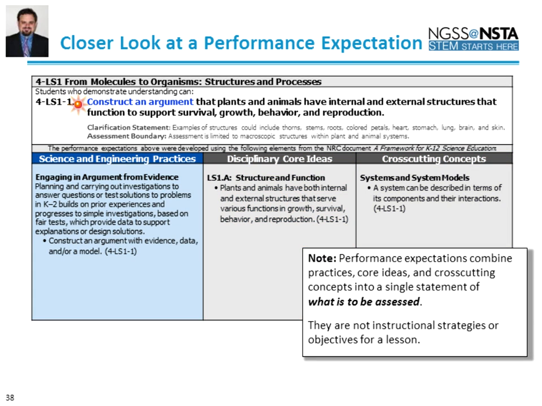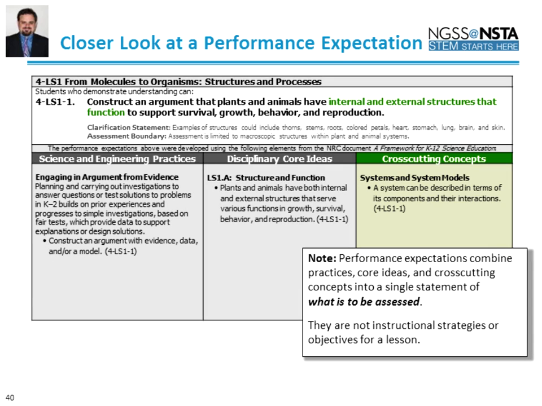But when they can do that, this idea of constructing an argument is a science and engineering practice. Here, construct an argument with evidence, data, and/or a model. Then we have this idea that plants and animals have internal and external structures that function to support survival, growth, behavior, and reproduction. And you can see right here that same information. So students being able to do this would show that they had gained an understanding of this disciplinary core idea.